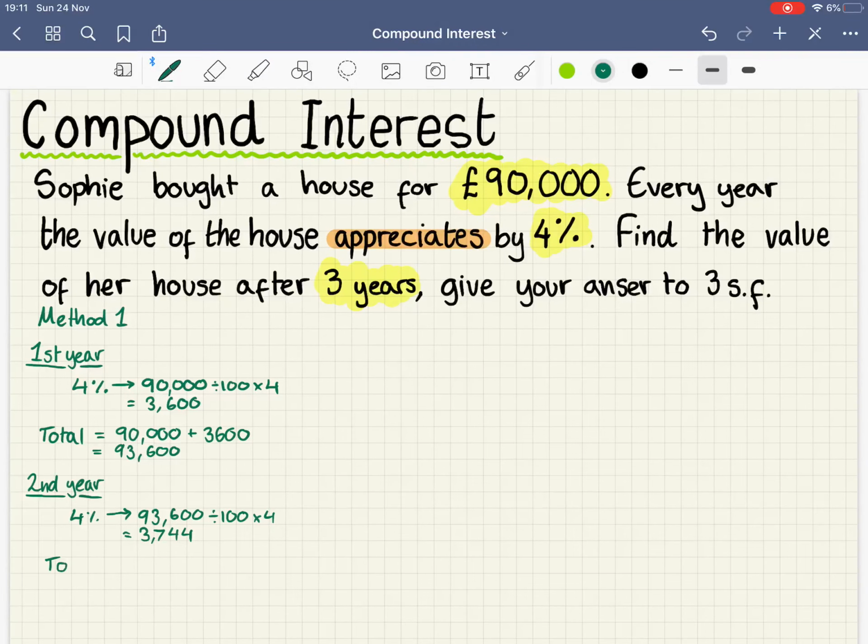And again, finding my total, taking that 93,600 and adding on the percentage that I've just calculated to give me an answer of 97,344.